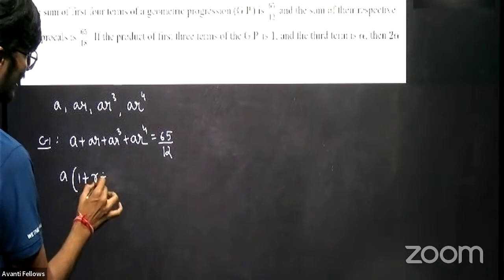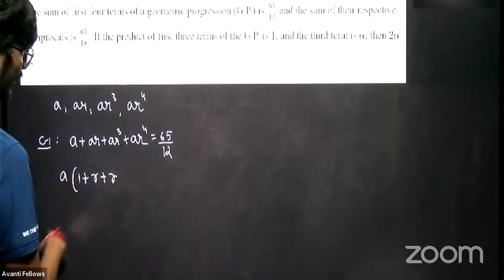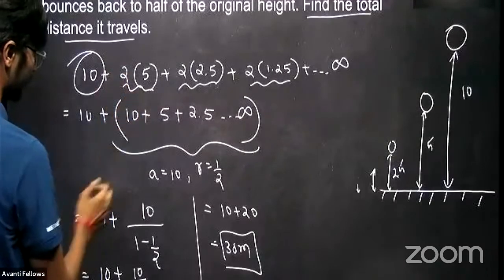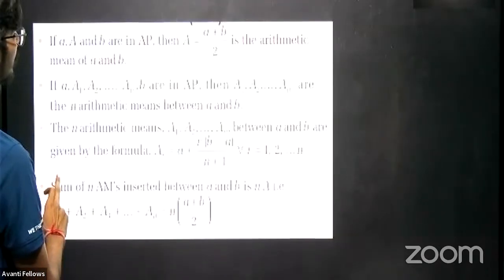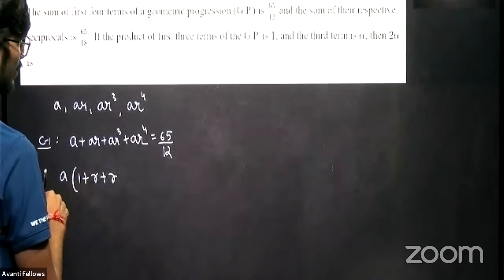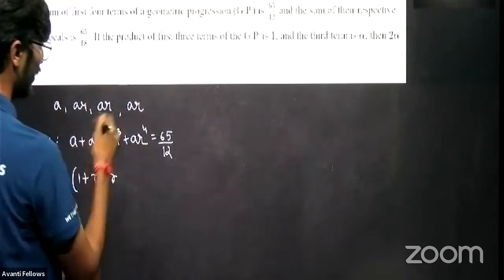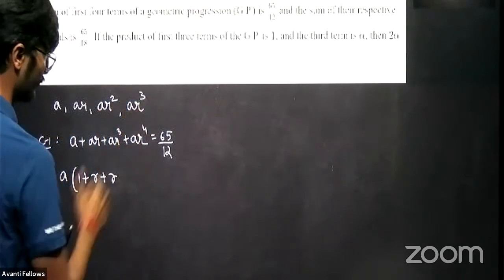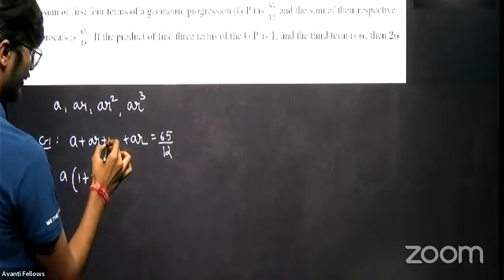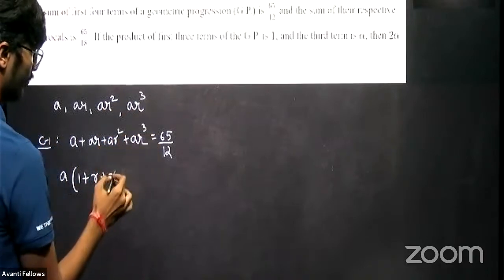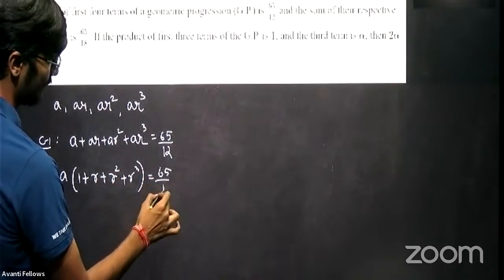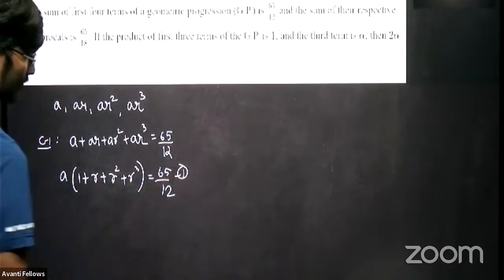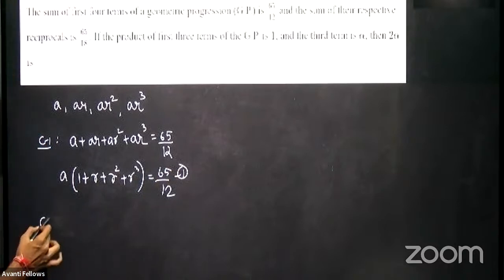So a(1 + r + r² + r³) is equal to 65/12. Equation number 1.